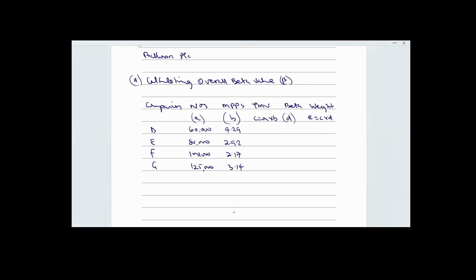So before we multiply, I need to get the beta factor of each individual security. The beta factor of D is 1.16, then 1.28, then 0.9, 1.5.